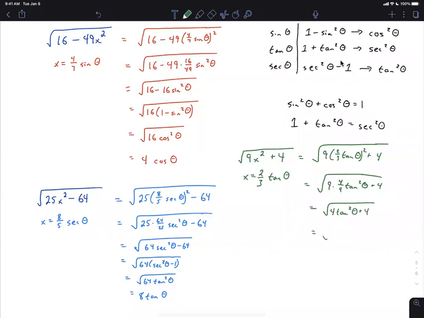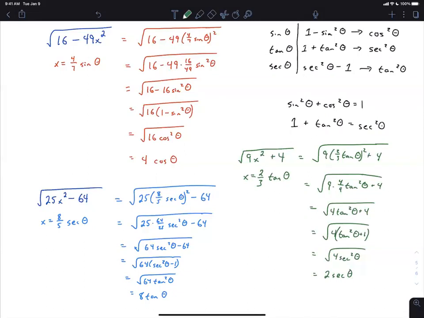The 4 factors out. And tangent squared plus 1 is secant squared. Then I can take the square root and get 2 secant theta because now it's multiplication.